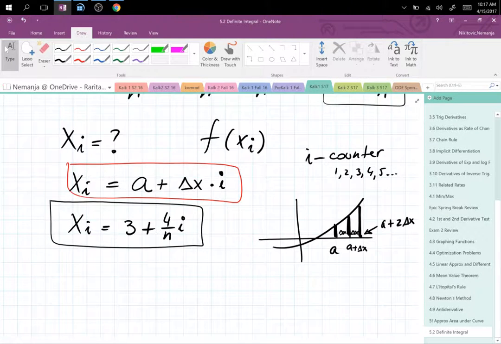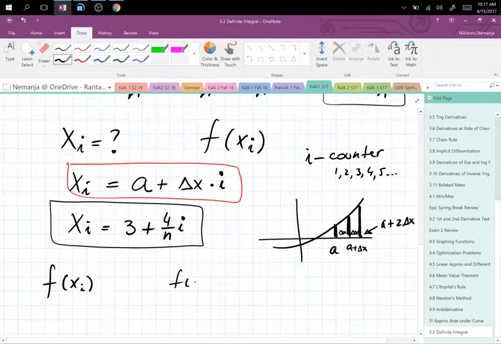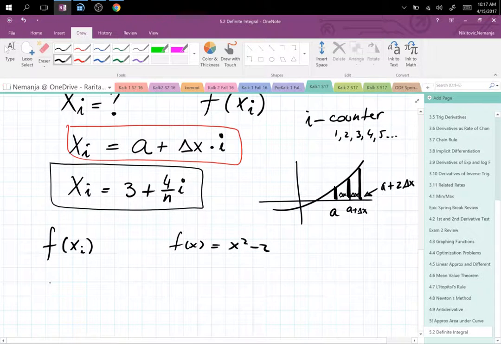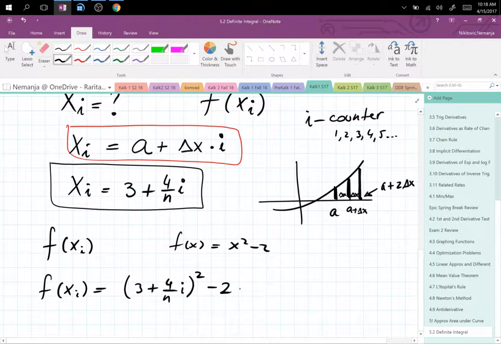Next piece of information is to create f of xi. Well, I know that f of x is x squared minus 2. So to create f of xi, I will plug in xi, so that's (3 plus 4i over n) squared minus 2. Now you work that out.